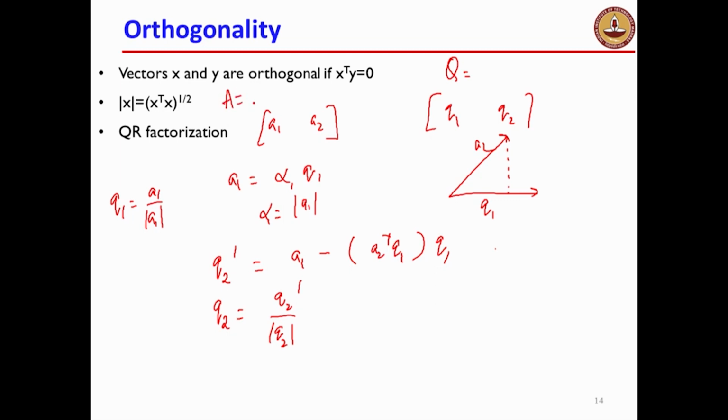If I have a third vector A3, how do I get the third vector Q3?